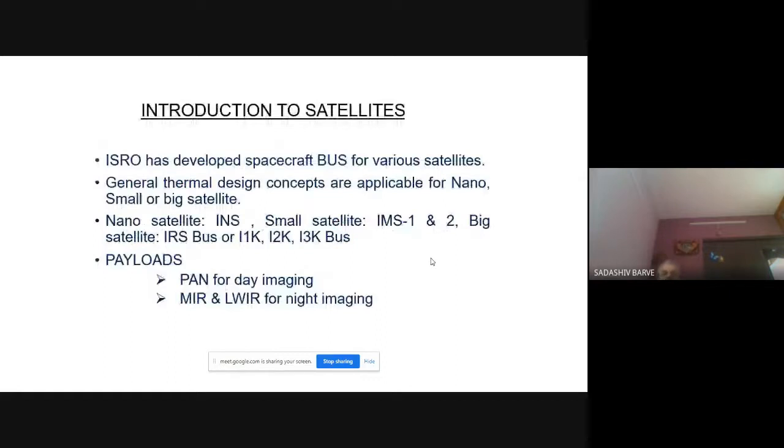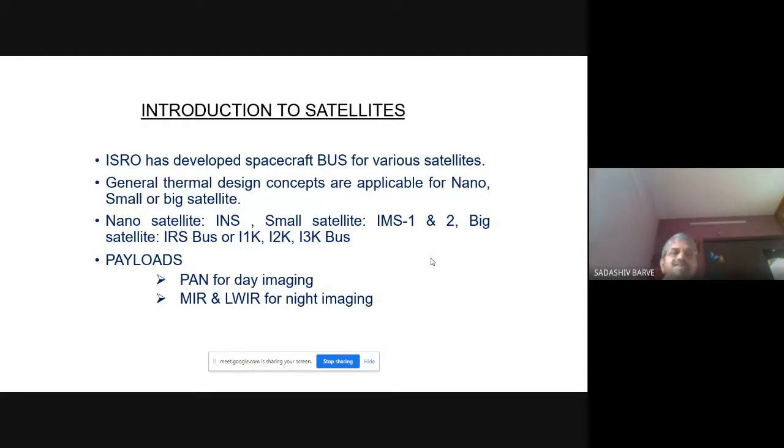Now, introduction to satellites. ISRO has developed a spacecraft bus. A bus is a satellite structure which houses the different subsystems required for the satellite application and the satellite control. These buses come in all varieties for nano satellites, small satellites, or big satellites.